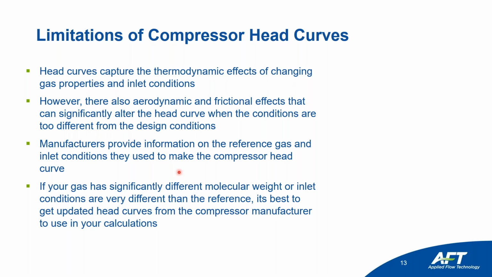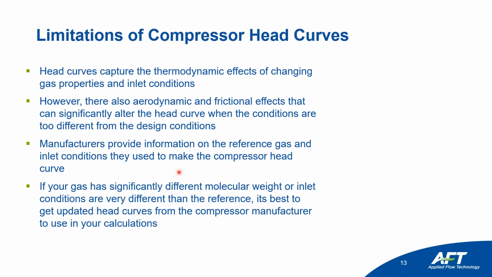So if your gas has significantly different molecular weight or inlet conditions from the reference fluid, which is the gas that was used to create the curves, it's best to update the head curves with the help of the compressor manufacturer. And usually they can do this pretty quick and help you out.